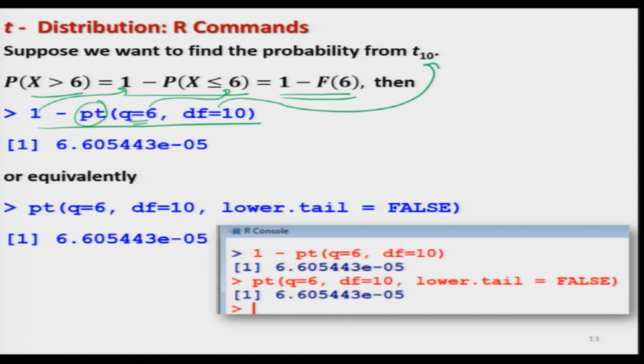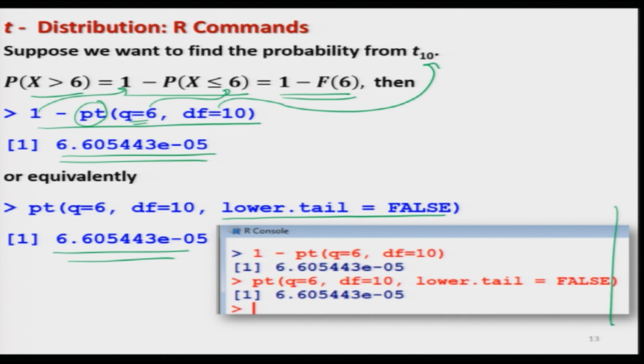If you compute it, it comes out like this. If you do not want to use the concept of 1 minus CDF, you can use the option lower.tail equal to FALSE, and this gives the same value. This is the screenshot.